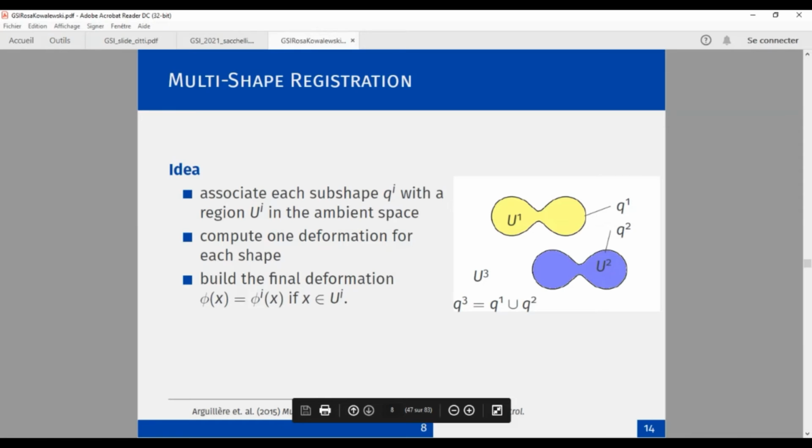And we define a third shape, which is defined as the boundary of this background region U3. Then we compute one deformation for each of these regions or each of these subshapes, while linking them through some constraints at the boundaries. And we build the final deformation by taking each deformation in each region and putting them together like a puzzle.